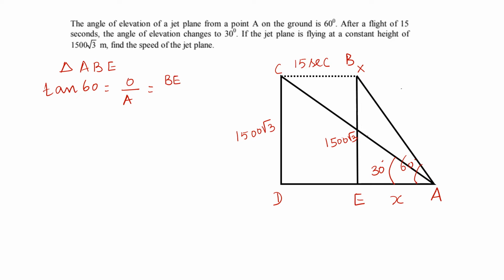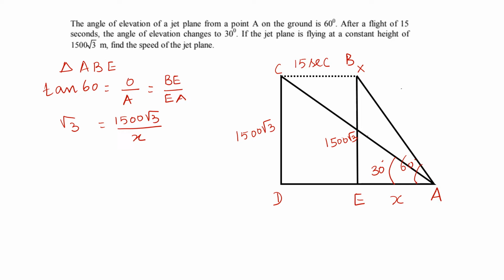What is BE? 1500 root 3 by X. You know tan 60 is root 3.